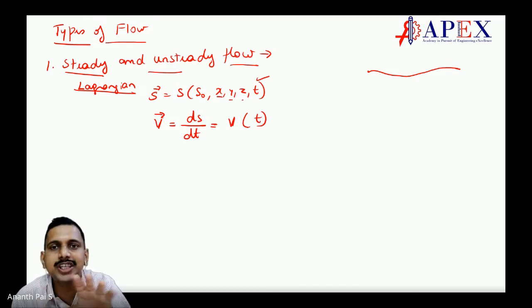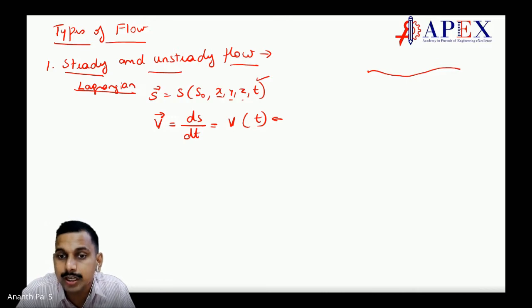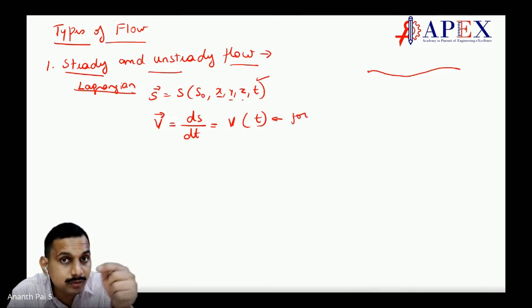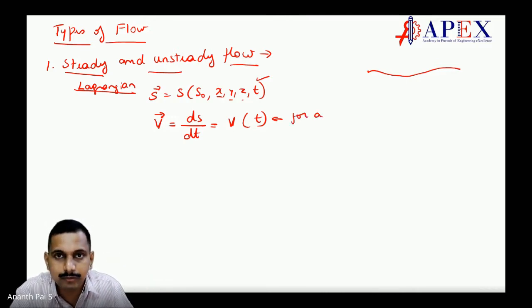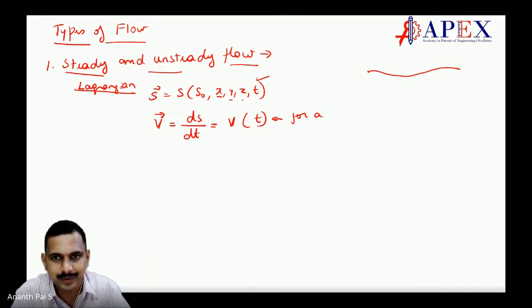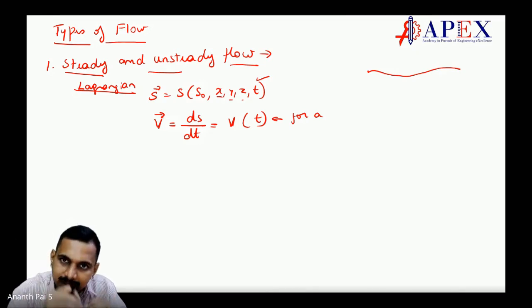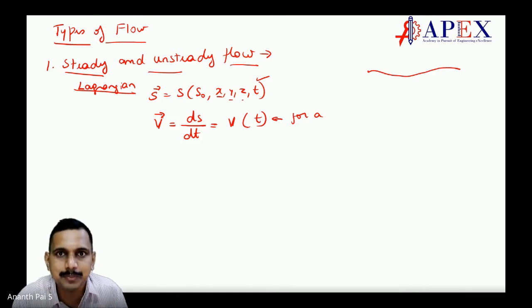If v is a function of t for a particular position, very important, we are not going with a particle now. We are dealing with two different particles, because when there is a flow, that particle goes somewhere, the next particle comes there. So generally it is the position that is important.